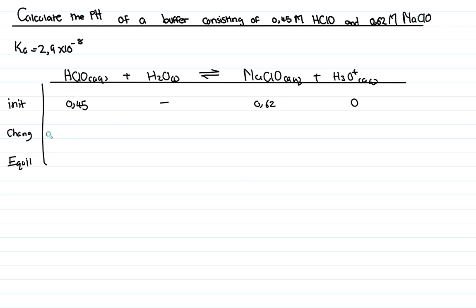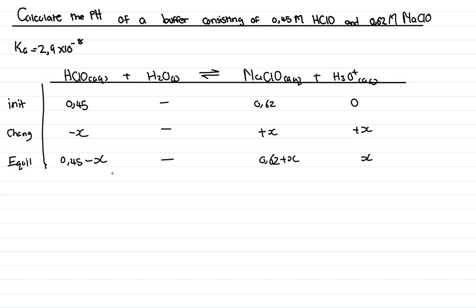So for our change, we have minus x, nothing for water, plus x, and plus x over there. And for our equilibrium concentrations, we have 0.45 minus x, nothing for water, 0.62 plus x, and x over there.